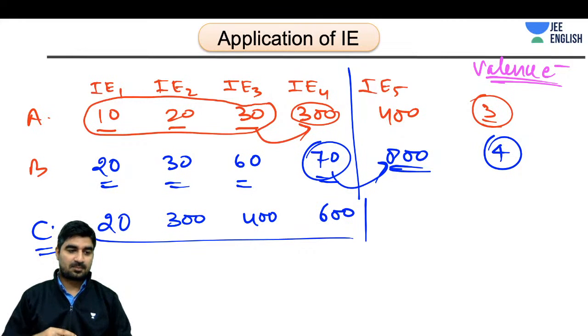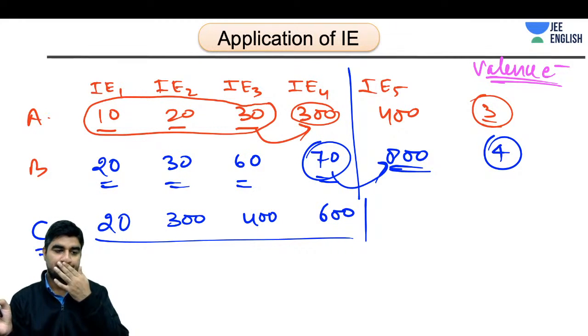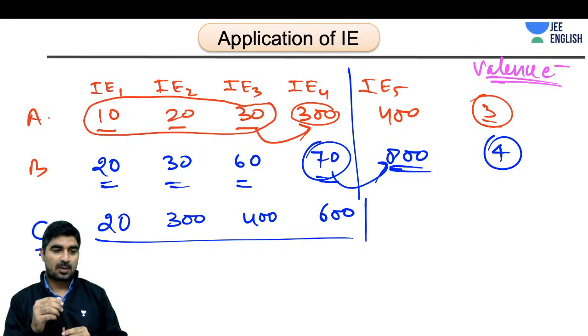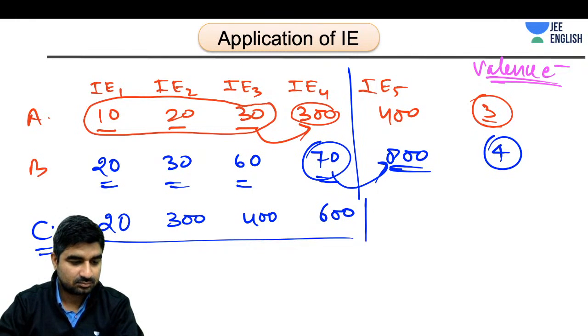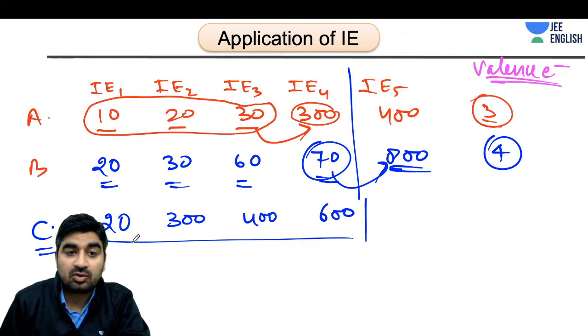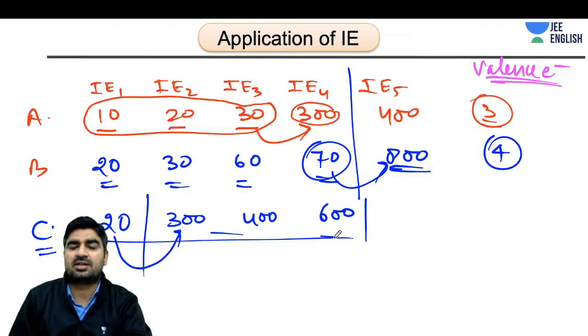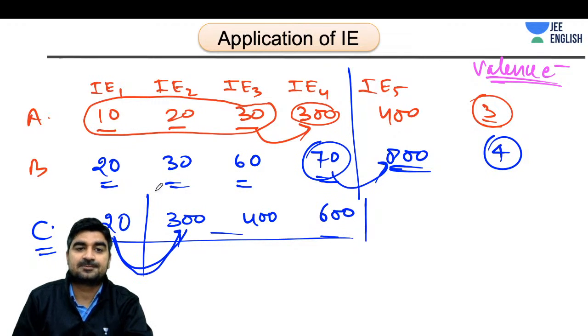Tell me fast. If you look for the jump from 20 directly to 300, and then we have 400, 600, in terms of percentage, this is the jump.